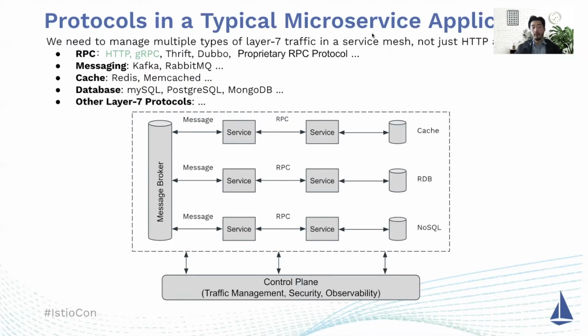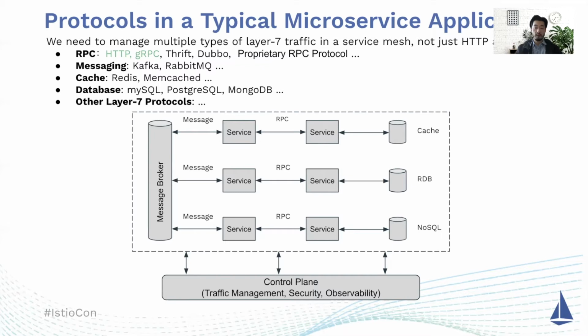So let's take a look at a typical microservice application, like this diagram. What kind of protocols do we have in this application? We usually have a number, sometimes even a dozen, of layer 7 protocols in a microservice application. Inter-service communication is often done through RPC-style protocols, such as HTTP, gRPC, Thrift, Dubbo.